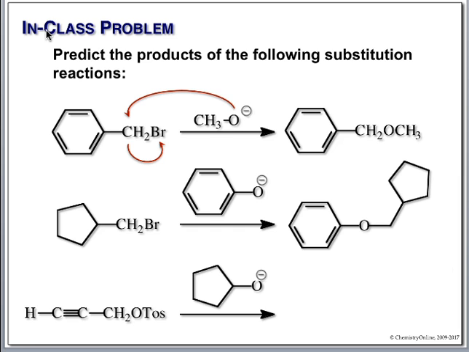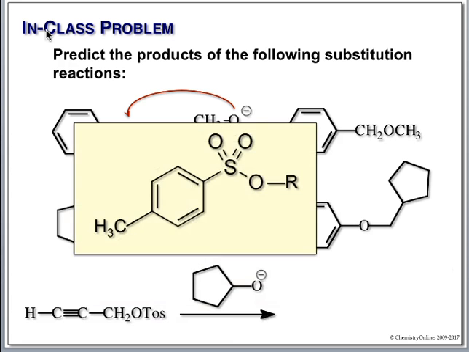This is a tosylate ester, a toluene sulfonic acid ester. It looks something like this. Here's the R group, here's the sulfonyl, and there's the toluene part. If the R happened to be a hydrogen, this would be toluene sulfonic acid, which is a very strong acid.